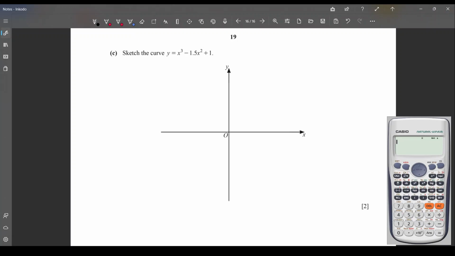Now we have to sketch the graph, and just now we found the stationary points, which are the turning points. One coordinate was 0 comma 1, the other coordinate is 1 comma 0.5. We got the two coordinates. If I plot, let's say this is 1, and 0 comma 1 will be this point, and 1 comma 0.5 will be somewhere here.